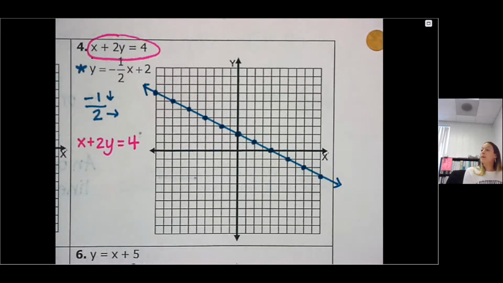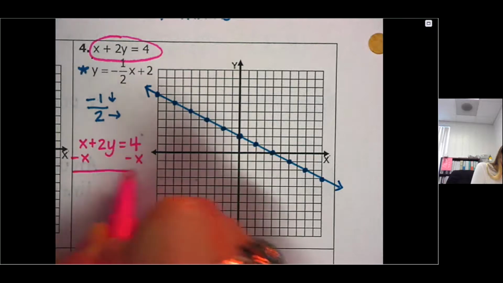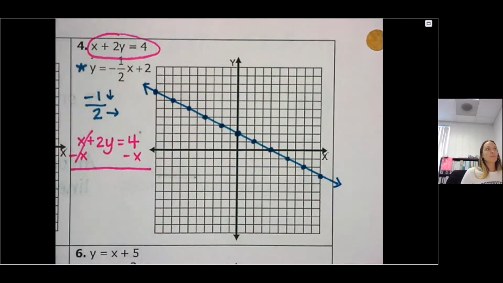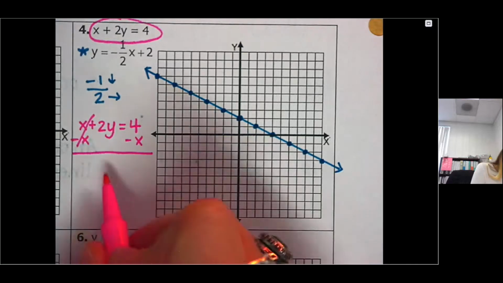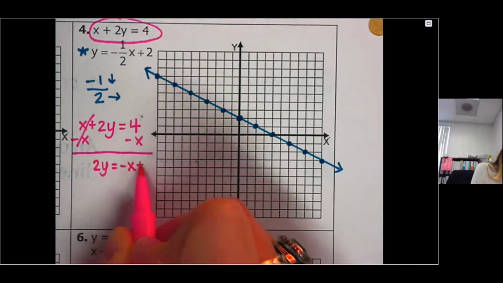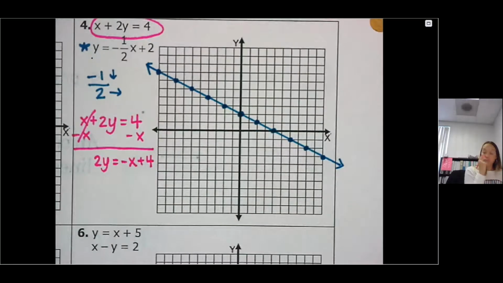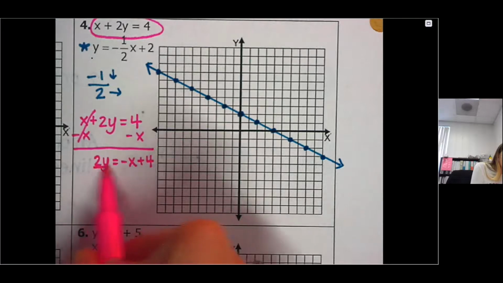Okay, I want to get the y by itself, so what should I do first? Matt? Good. Subtract the x from both sides. Walk me through it. Plus 4. Good. And then what's my last step? Divide everything by 2. Good.